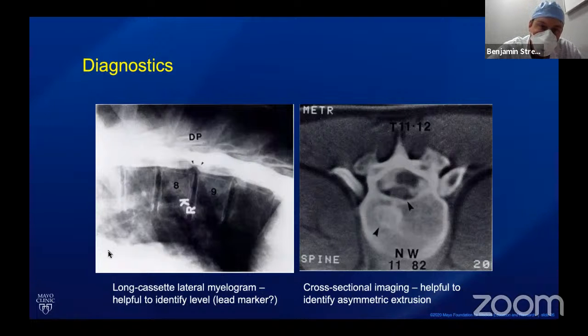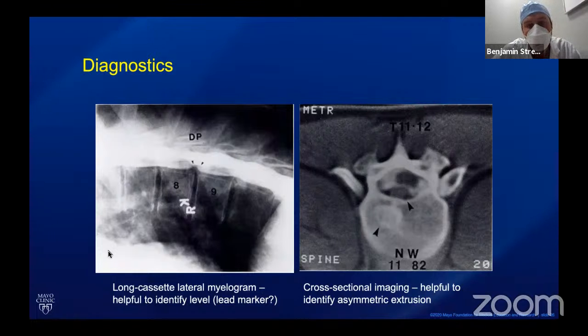They also describe marking the skin or using a lead marker to help identify the level at the time of surgery, which can be a very challenging thing to do intraoperatively, to verify what level the disc herniation was at the time of the myelogram.